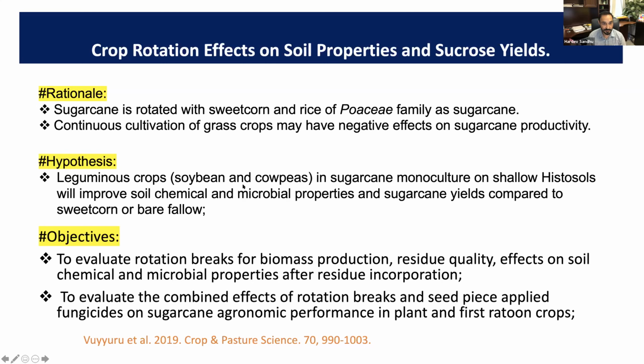So we incorporated soybean and cowpeas in this planting system, and we evaluated them for biomass production and residue quality, and also to combine their effect with some soil fungicides and see if that also helps in improving sugarcane yields.